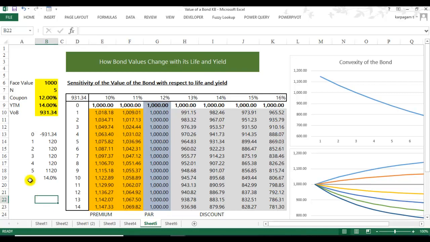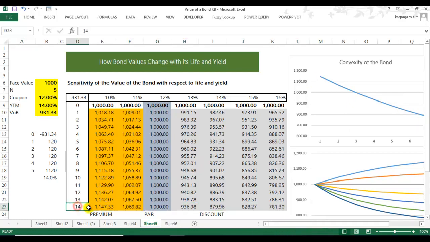So to recap, the yield of the bond is the IRR of the cash flows on the bond, and there is a sensitivity of the price of the bond to the yield and the life of the bond, and bonds mature at face value. There's a convexity attached to the way these prices change.